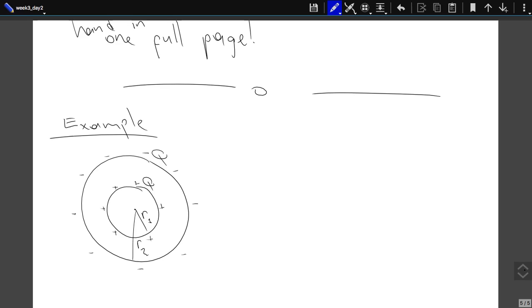So let's start with, what can we say about the electric field? Can we say anything about its general properties that will help us to choose a Gauss surface? There are just two shells.